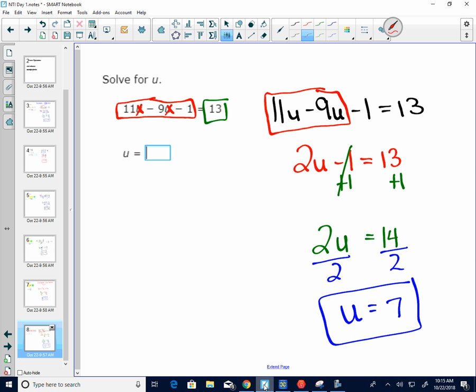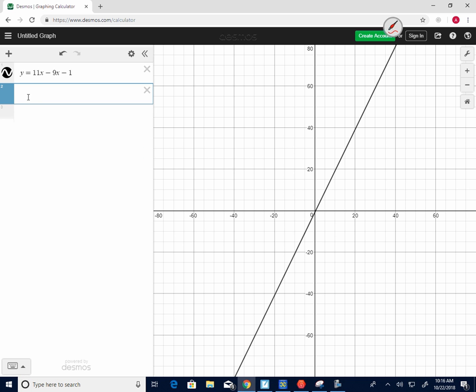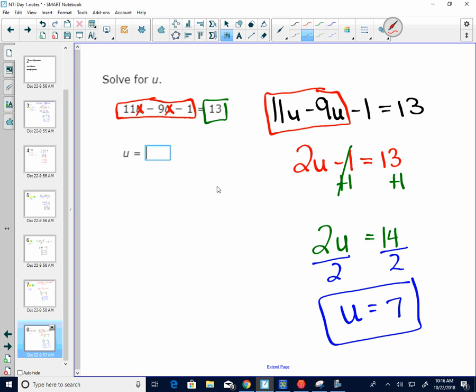And that is what the line looks like. And then it was equal to 13, so in my second y, I'm going to have y equals 13. And the point that they cross is 7, 13. I need that x value. That is my answer. So u is equal to 7, as we had already discovered by working it out by hand.